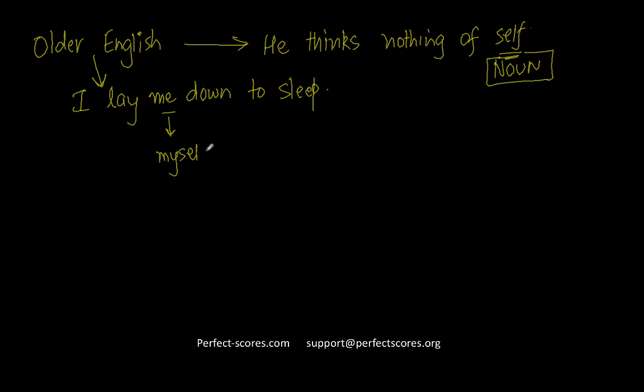But this is something that you may come across in some kind of poem or old literature, so don't get confused by that. So these are the two things that we've just learned. That sometimes in older English, you can use a simple pronoun in a reflexive manner without adding the word self. And the second thing is that the word self is sometimes used as a noun.